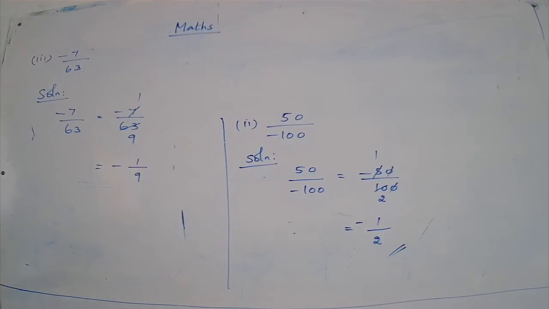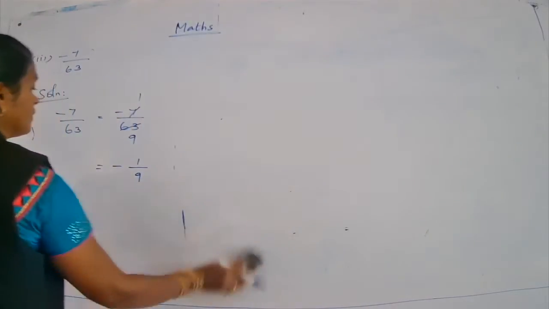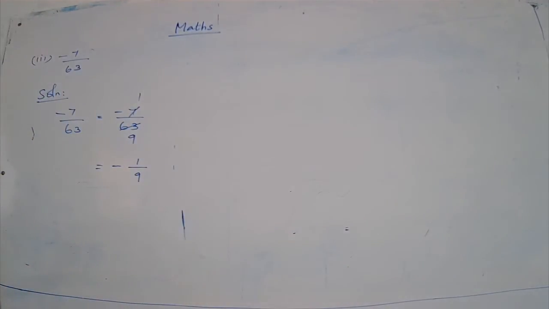Copy it. Now, listen, next question is the fourth one, 13 upon 169.